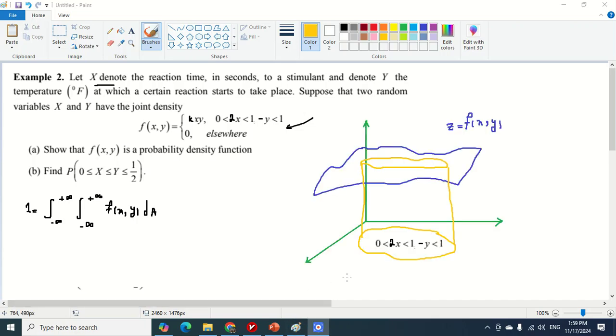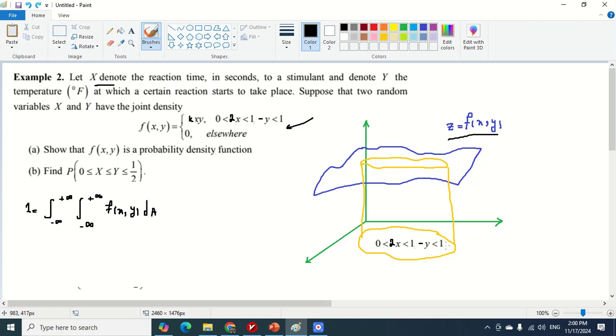To have an illustration or visual shape for understanding the question, I sketch a three-dimensional space, and I assume that z equal to f(x,y) is given by this surface, and the condition that is given in the question for the function is given over here.